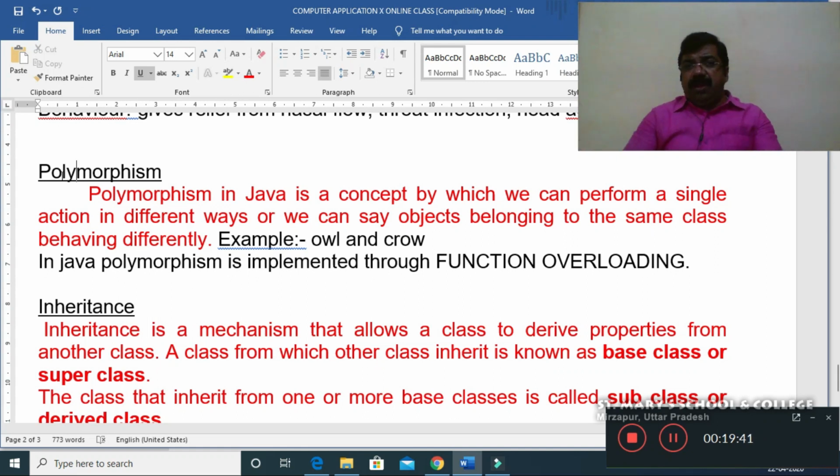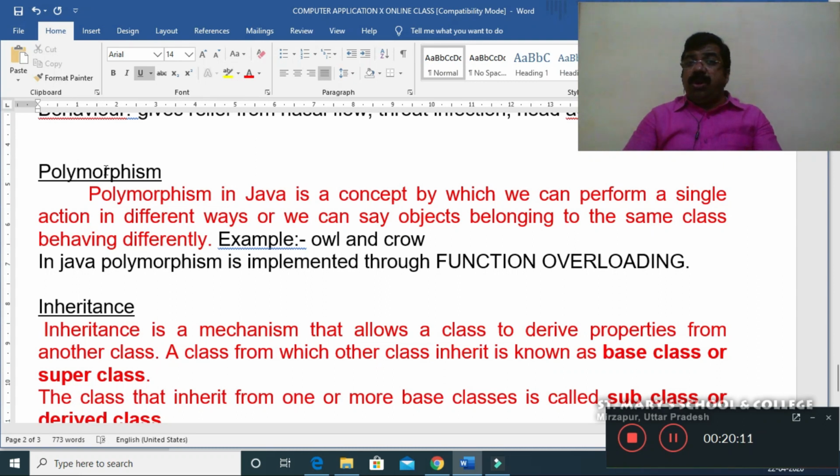differently. One best example we can take from nature: the owl as well as the crow. Both of them belong to the class birds. Both can fly. Characteristics are almost the same: 2 wings, 2 eyes, same thing. But they have a difference in their behavior.